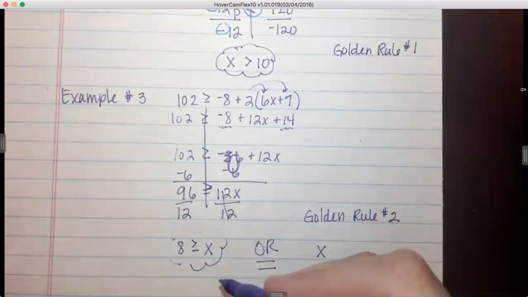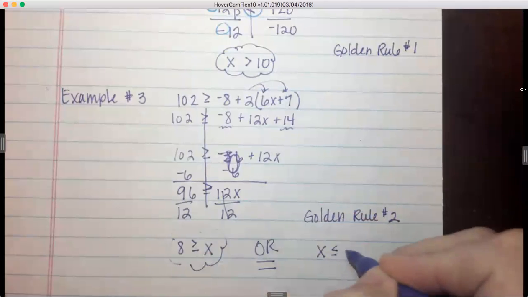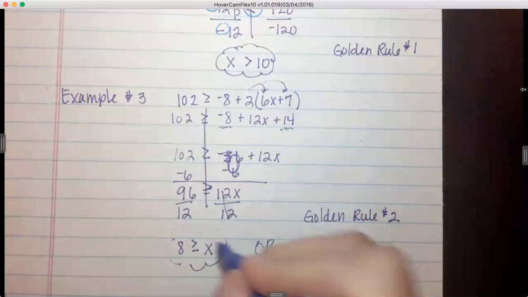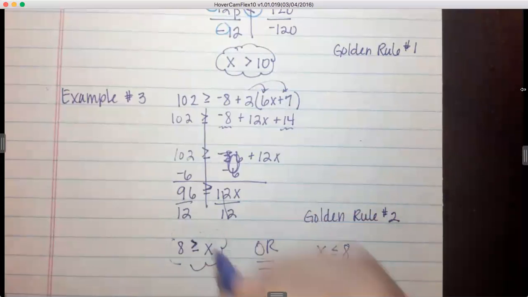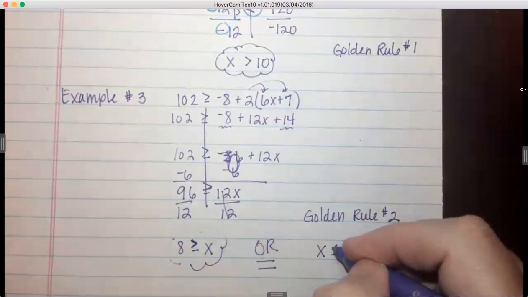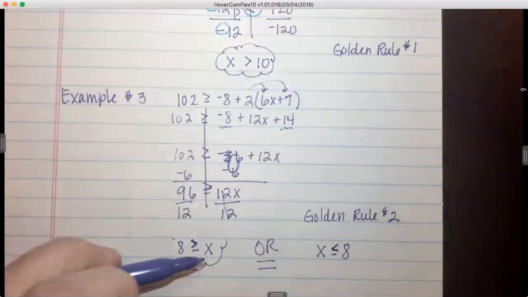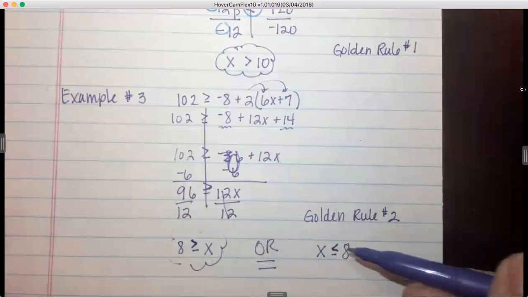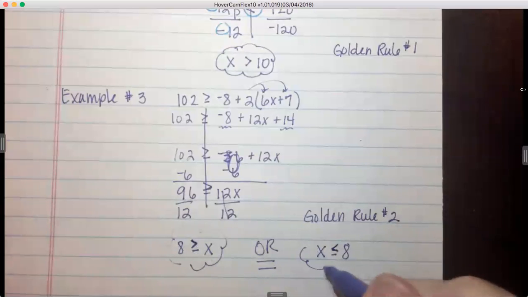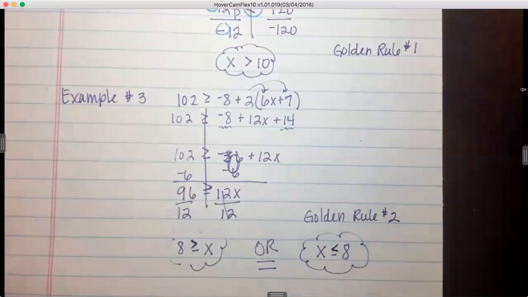If you want to move the x to the left, you need to flip the sign over. Or what I do is I look where it points. It points at the x. That means no matter where I move the x, this sign has to point at the x. If it pointed the other way and I flipped it around, I need to point it at the 8. But in this case, this pointy end, the arrow part, points toward the x. That means when I flip it around, it needs to point toward the x. So it can be either one.